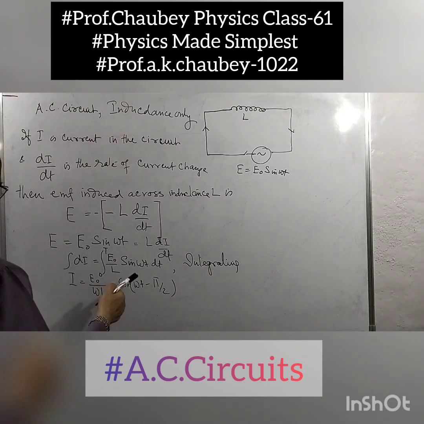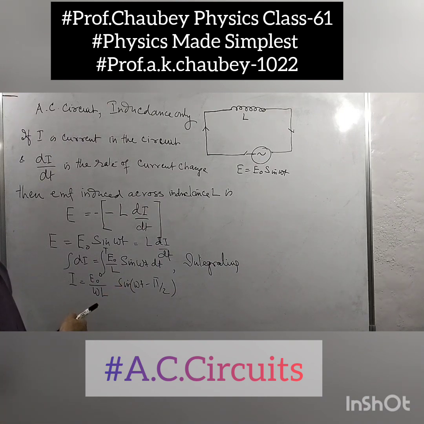So that is the integral of cosine omega t, with the limit t equal to 2 pi over omega. So that will give you sine omega t minus pi by 2. I is equal to E naught over omega L sine omega t minus pi by 2.